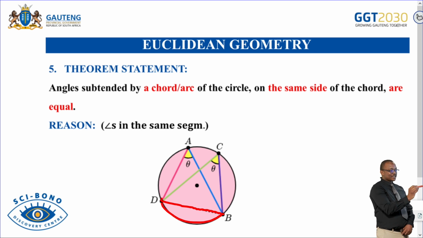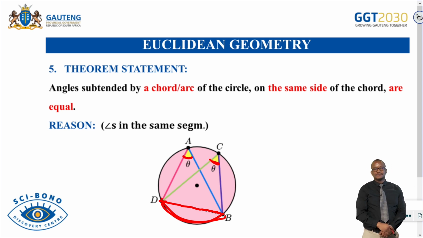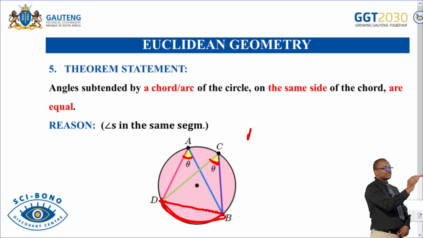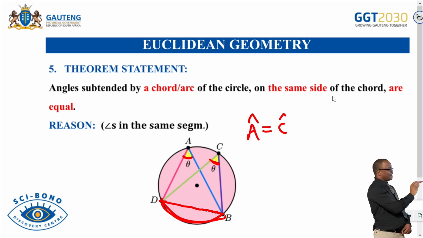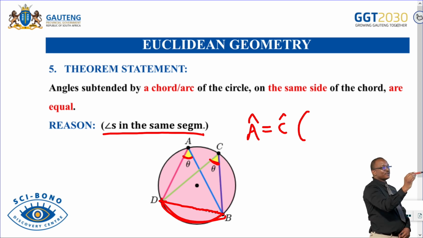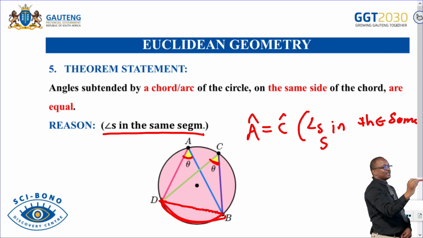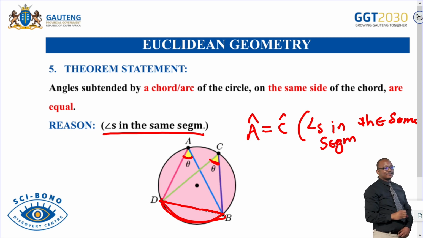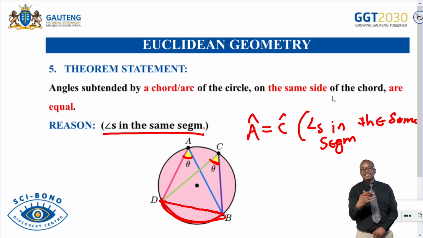Those angles that are subtended by the same arc or chord will be equal. So here we want to say your angle A is equal to angle C. Then the reason, how do we reason with this one? We are going to say angles in the same segment. That's how you will reason on that one. Angles in the same segment.